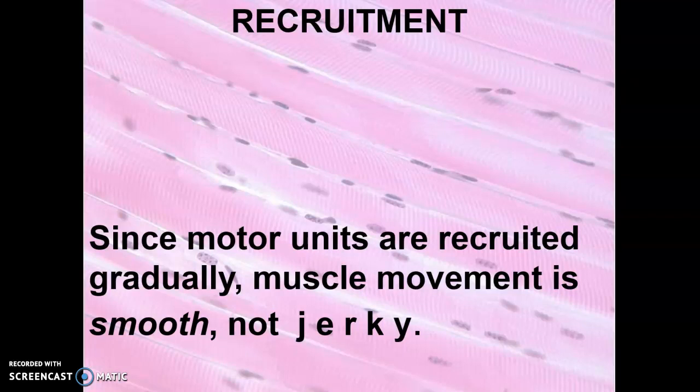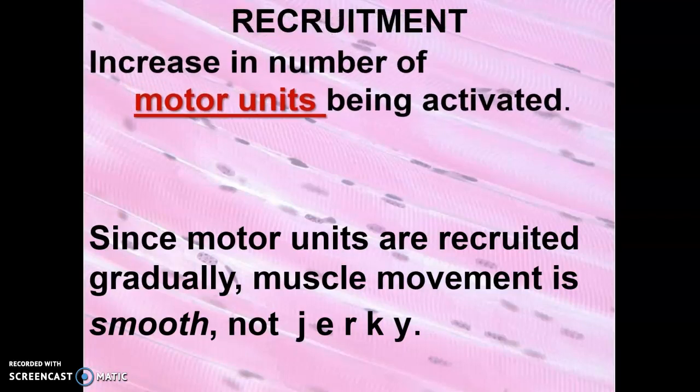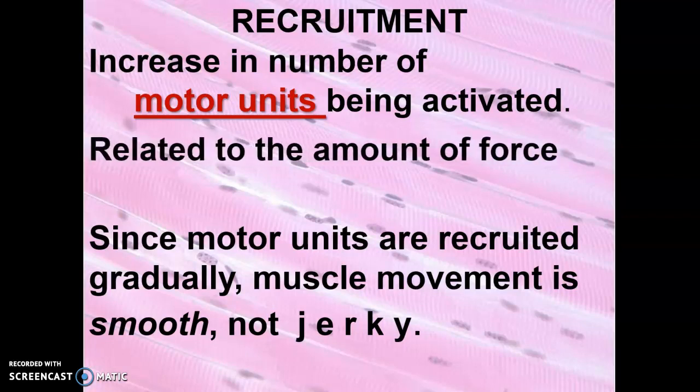All right, recruitment. Like I said, you can pick up a pencil by recruiting a few hundred muscle fibers, muscle cells, or you can recruit a whole lot, but you gradually do it. You increase the number of motor units. A motor unit is the nerve innervating a certain number of muscle fibers. So you can recruit a few to pick up something soft or light, or recruit a whole bunch to produce a stronger force.